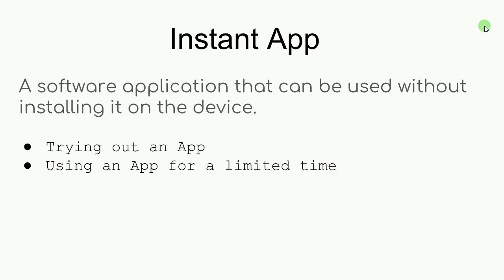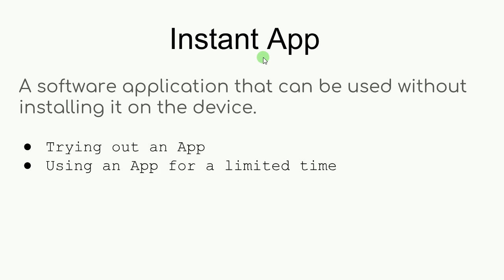It's a software application that can be used without installing it on the device, right? And of course, we're talking about Android only here. It can be primarily used for two reasons. One is if you want your users to just try out your app, because what Instant App does is it does not get installed on the device of your user.